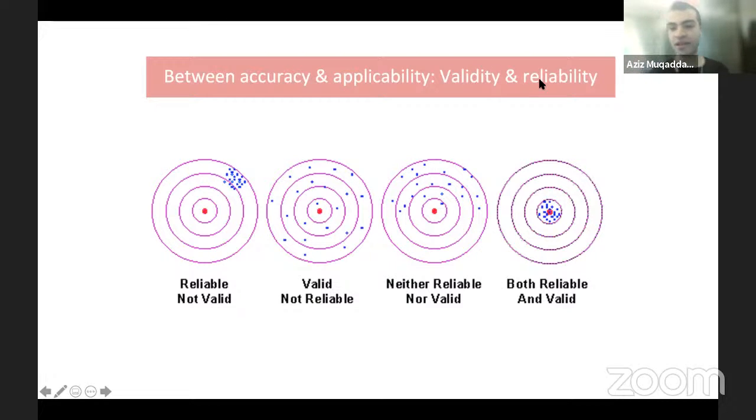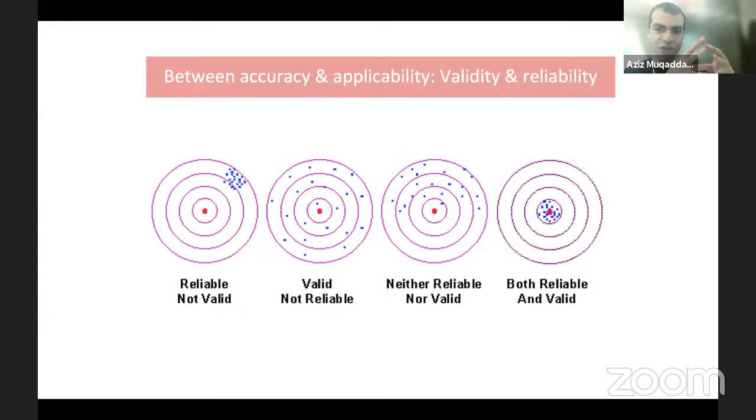Let's go to the example: if you're measuring learning. So learning is your intended outcome, but then you're measuring satisfaction with the class, okay?